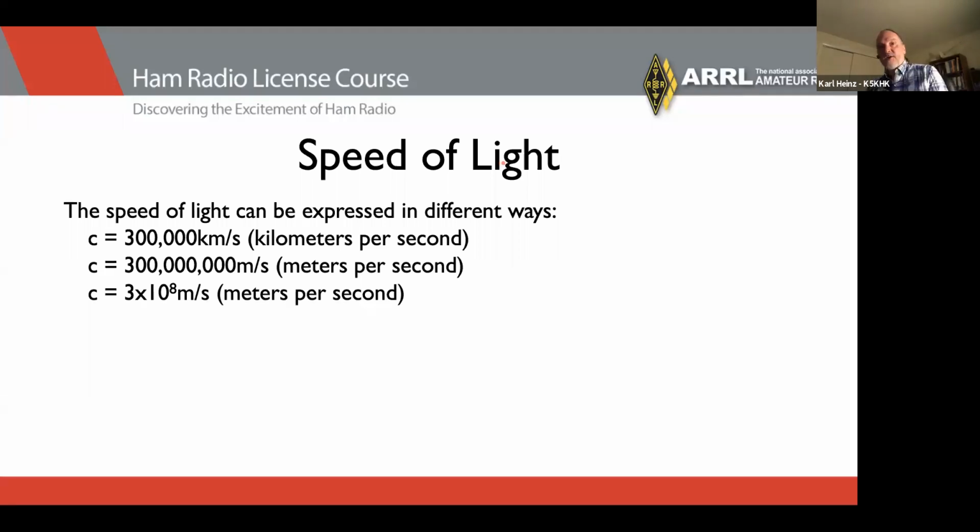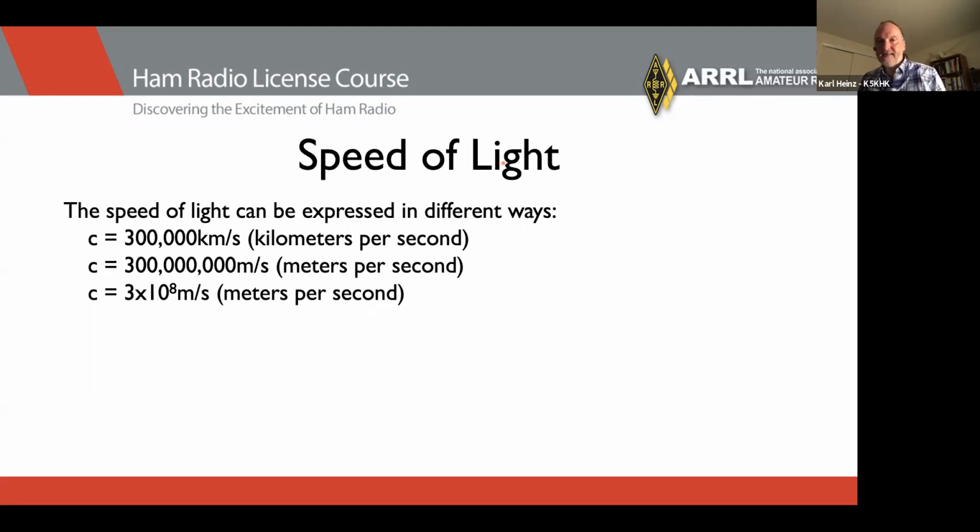So we've mentioned the speed of light a few times. The test, of course, wants you to prove that you know what the speed of light actually is. So what is the speed of light? It's 300,000 kilometers per second, or it's 300 million meters per second.